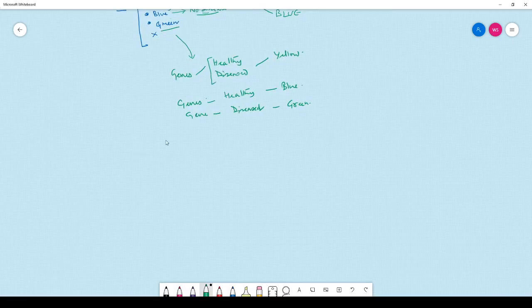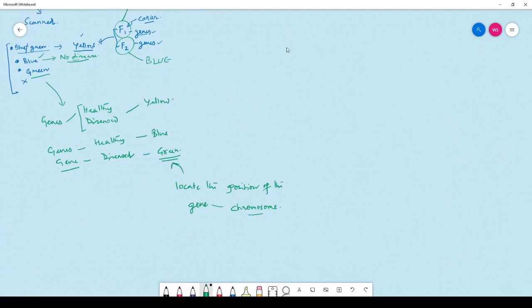Once we know which genes are expressed by the diseased person, then from the microarray we can locate the position of the gene in the chromosome, because it is complementary.